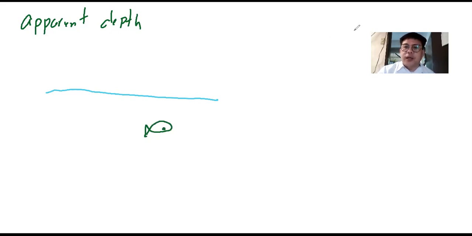If you put here the normal line, the fish is actually located in this portion, while your eye is here. This illusion must be a broken line.